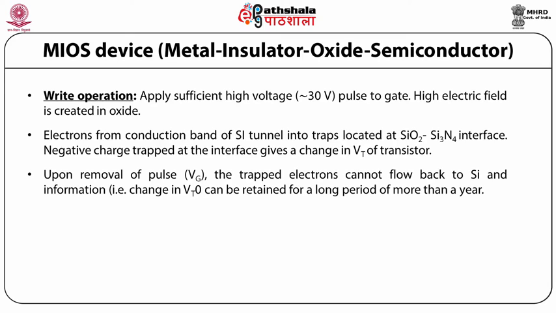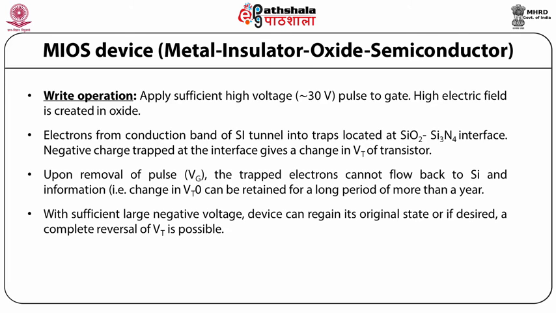To switch the device back to the low Vt state, a negative pulse is applied to the gate. So the reversal of polarity causes electron tunneling from the interface traps into the silicon. With sufficiently large negative voltage, the device can regain its original state, that is, there is a complete reversal of Vt.